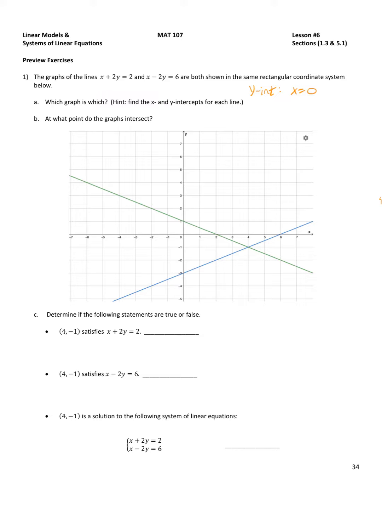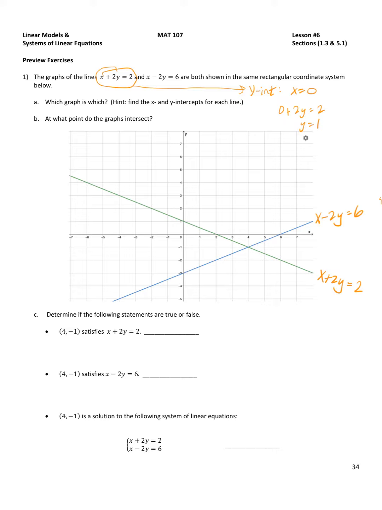So I have 0 plus 2y equals 2, so y equals 1. So this equation has a y-intercept of 1, which means the green line is x plus 2y equals 2, and then the blue line has to be the other one, x minus 2y equals 6.